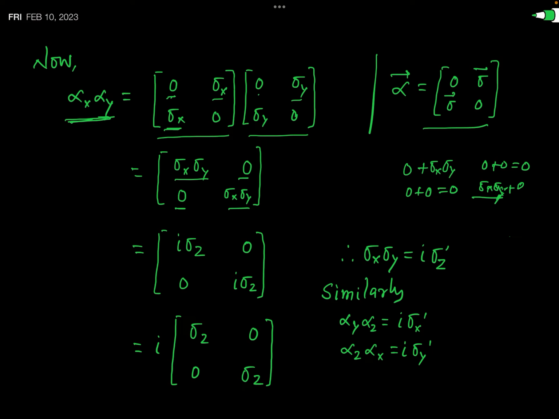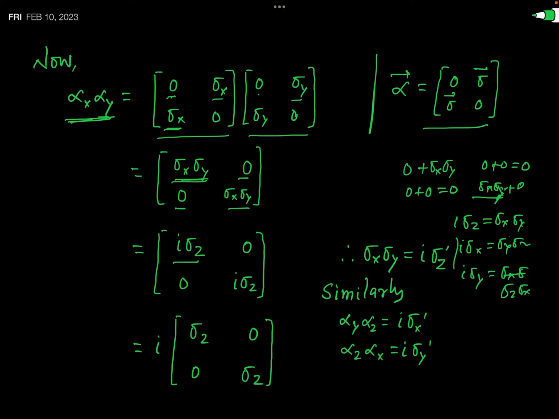It is i sigma z is equal to sigma x sigma y. Okay, i sigma x is equal to sigma y sigma z, and i sigma y is equal to sigma z sigma x. Okay, so from the property of Pauli spin matrices, we can replace this sigma x sigma y by i sigma z.